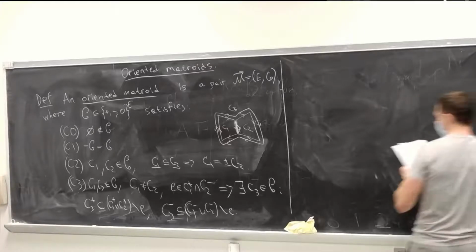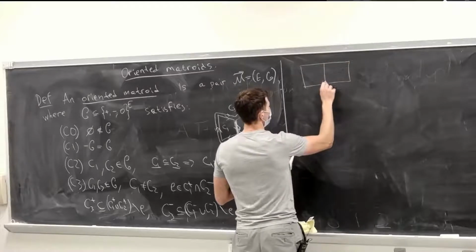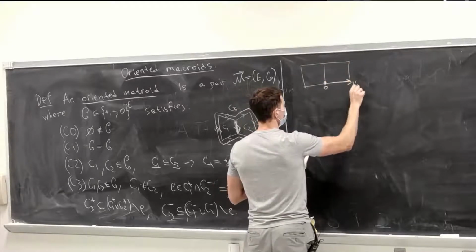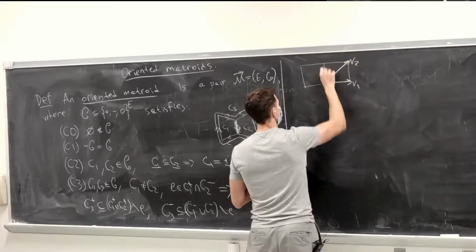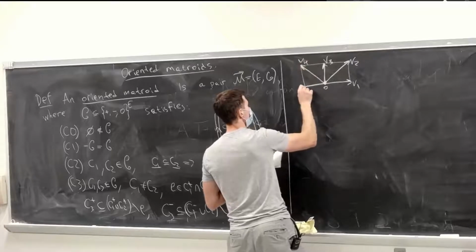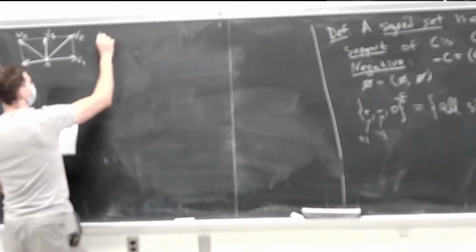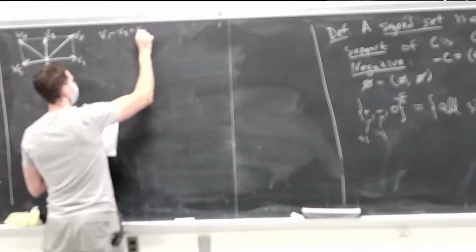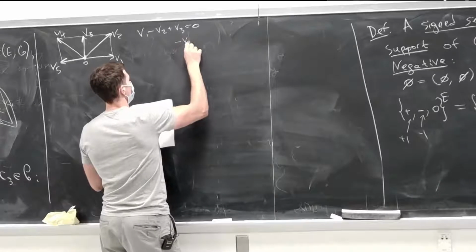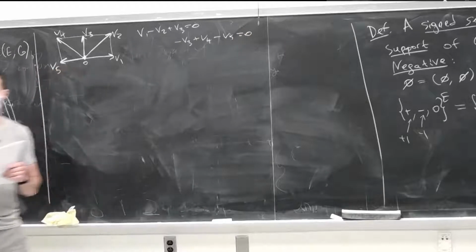Let's say my example looks like this: zero, V1, V2, V3, V4, and V5. Let's say I take two circuits. V1 minus V2 plus V3 is 0, as you can see, and also negative V3 plus V4 minus V5 is 0.